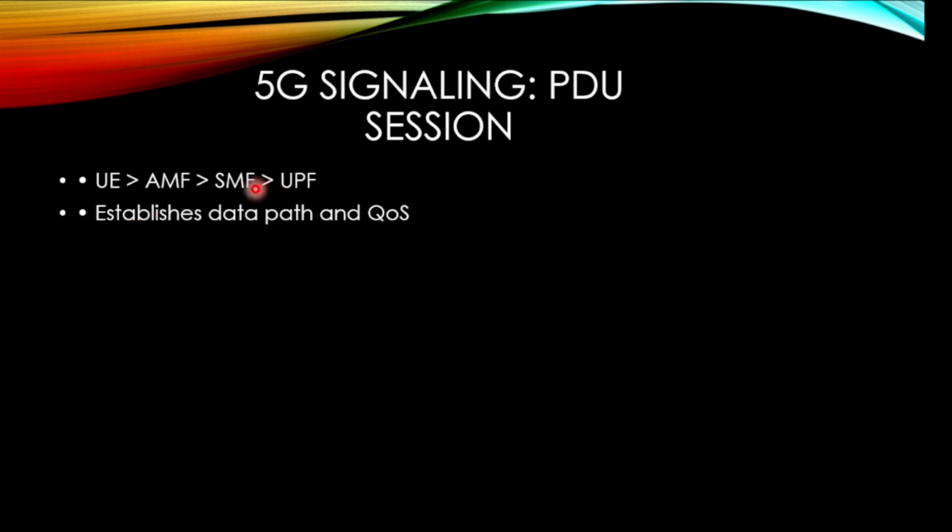The SMF initiates and sends the data session with a unique IP address for the user equipment, but it is the UPF that actually controls the bandwidth and other related parameters. So it establishes the data path and QoS for the user.